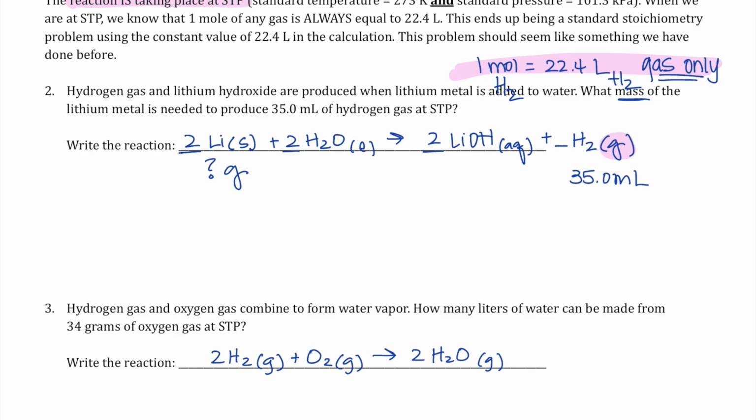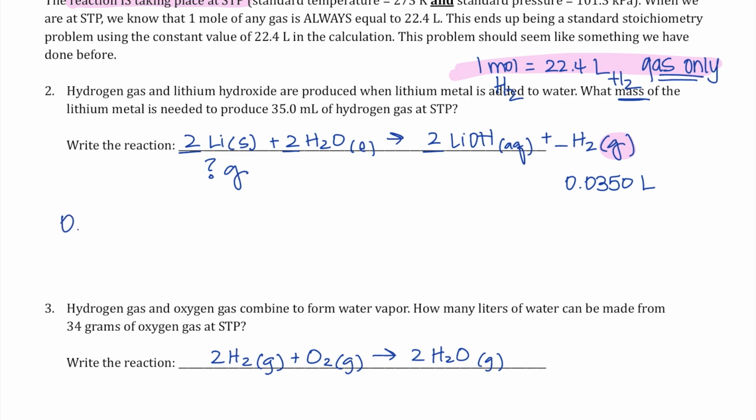Our standard unit, though, for volume is liters, and so we are going to need to convert: 1,000 milliliters is 1 liter, so divide by 1,000, and we get 0.0350 liters of hydrogen gas. And so as we go through now, we can do that stoichiometry. We know a liter to mole relationship, so then once we get to moles, we can change to moles of lithium.